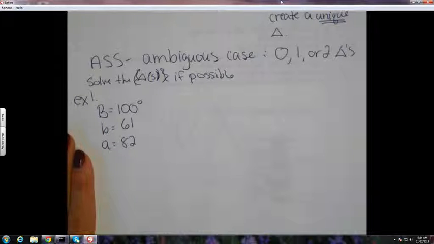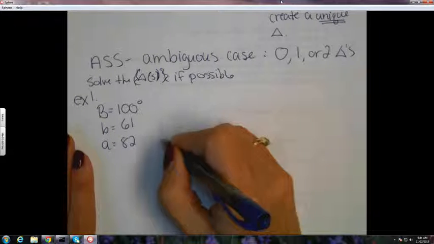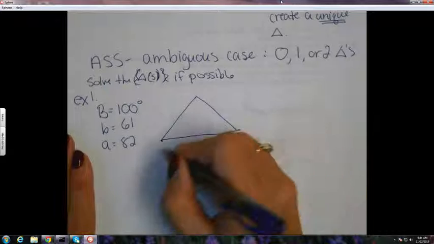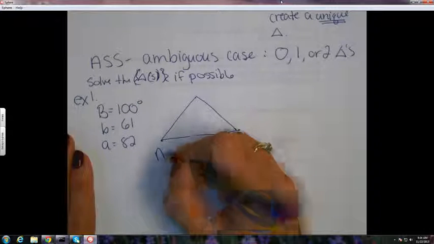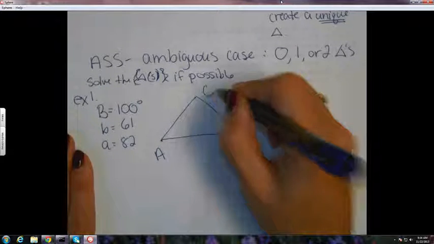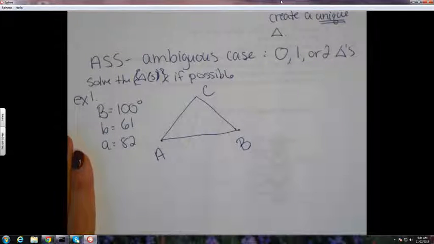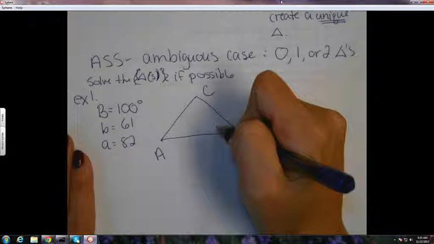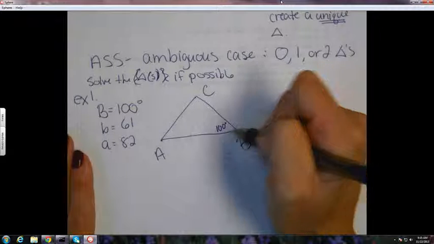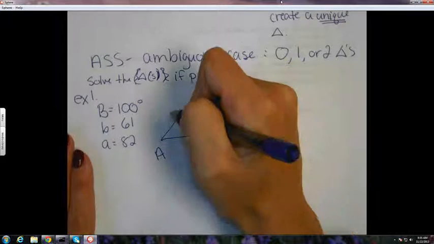Alright, I'm going to draw a triangle. I'll start assuming that I might have one. Label, obviously, I'm going to go with ABC. I don't even care that it's not to scale, it doesn't matter. B is the 100 degrees. Little b, make sure you get it in the right spot, is 61.